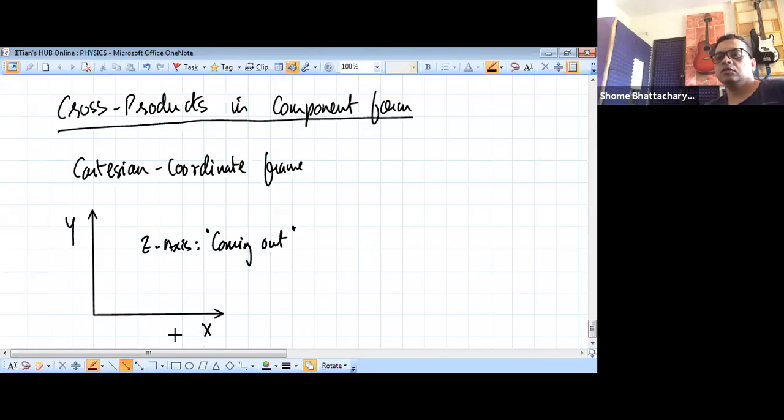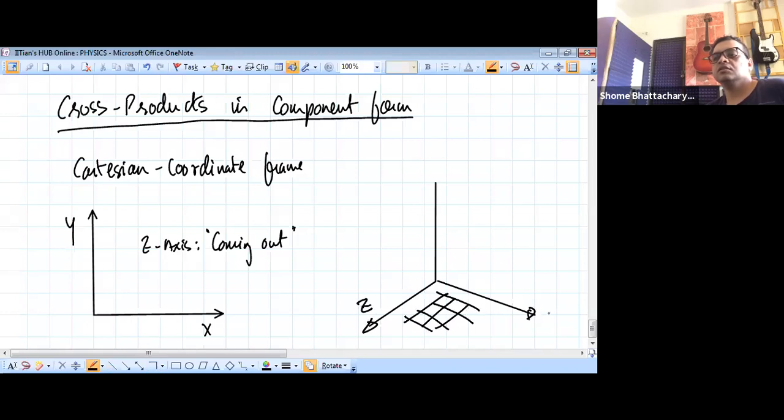Or if you look at it in a slightly three-dimensional manner, if this is the floor of the room in which you're sitting, you would represent this as your z-axis, and this is your x-axis. These are mutually perpendicular planes.